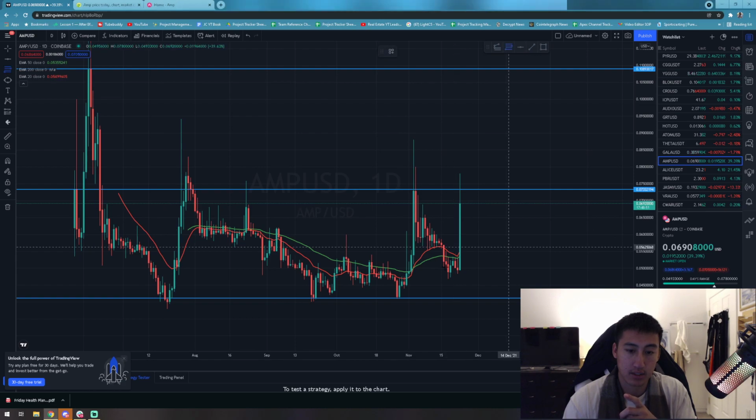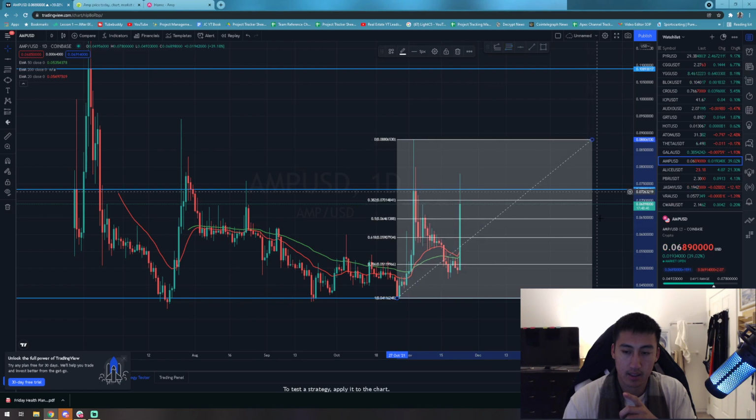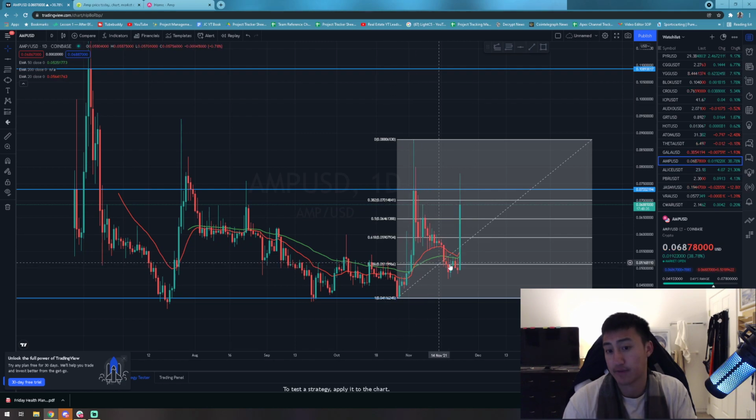So now it's finally forming an uptrend. What I like to do is draw out my Fibonacci from higher low to higher high, right? From here to here, as you can see, the retracement dropped all the way down to the 0.786 level. Usually I like to tell my viewers that the 0.5 and the 0.618 level is the area where the market will tend to flip.